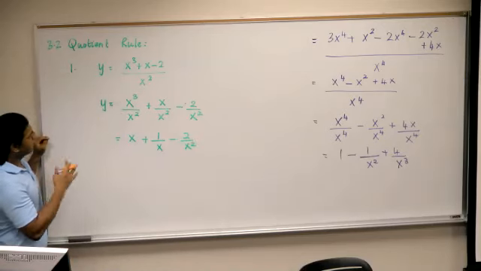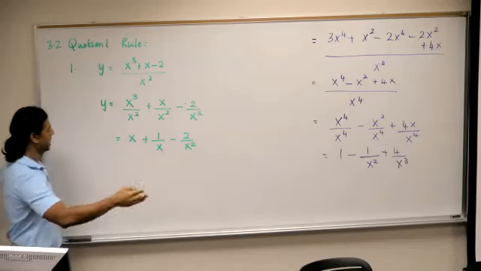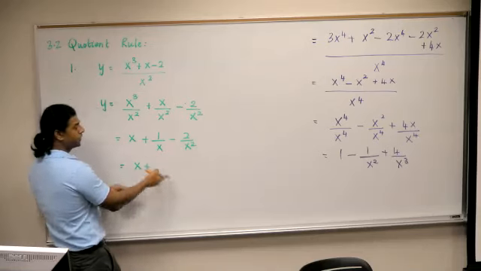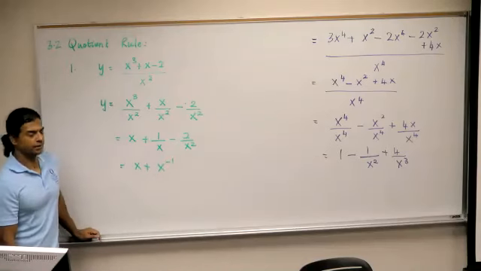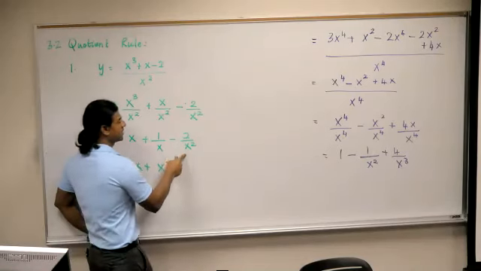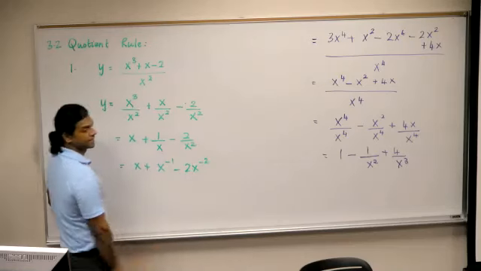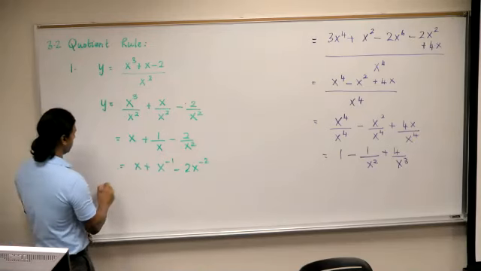Correct. I want to use power rule, so I want to convert those to powers. So x plus, if x moves to the numerator, it would become x raised to -1. If x squared moves to the numerator, it will become x raised to -2. Now it's easy to do power rule.